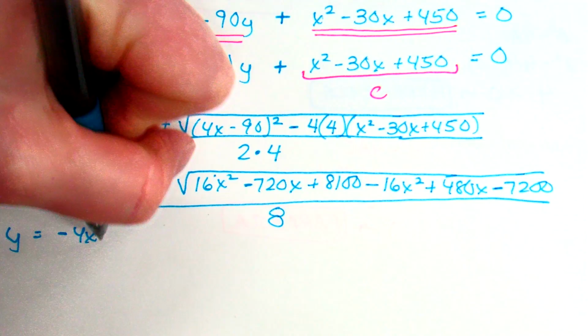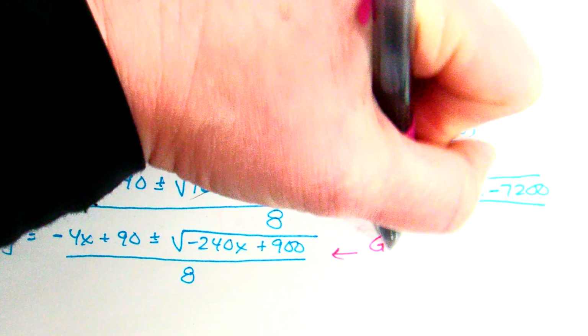It's negative 2x plus 45 plus or minus the square root of negative 60x plus 225, all over 8. Not 8, instead of 8, I should have said 4. Did I do everything else right? I think I did everything else right.